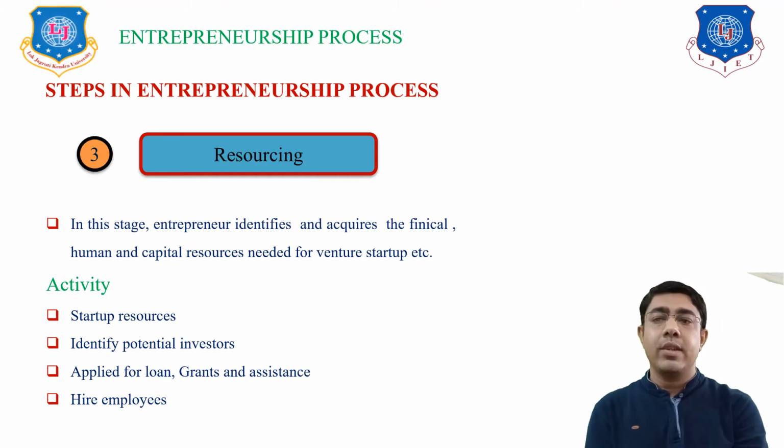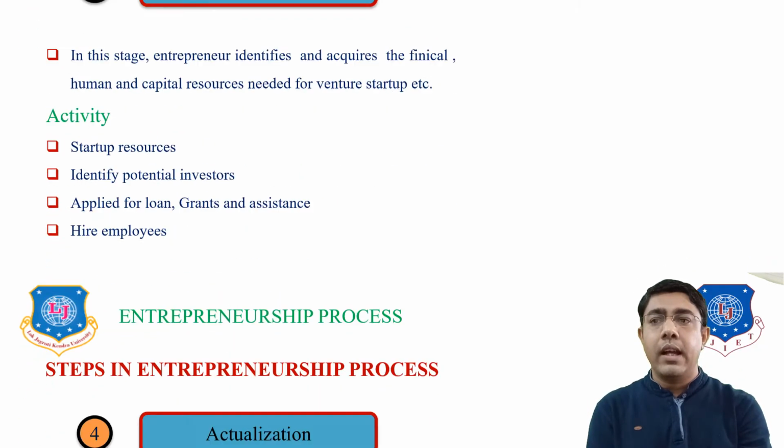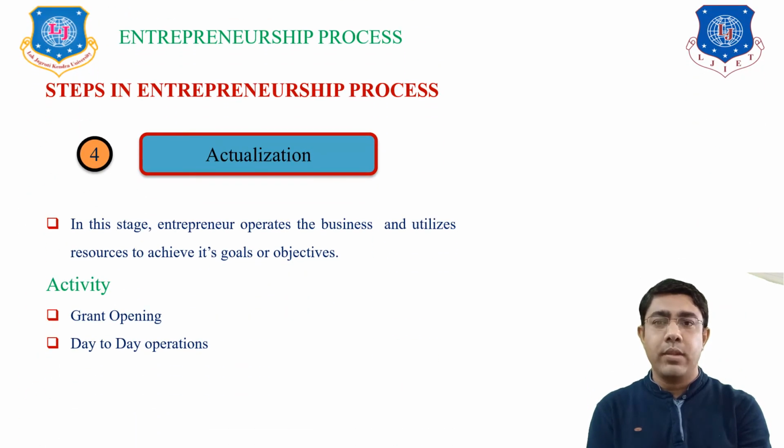So in this stage we also identify potential investors for our business plan, apply for loans, grants, and assistance, and hire employees, as we need employees to run our business plan.